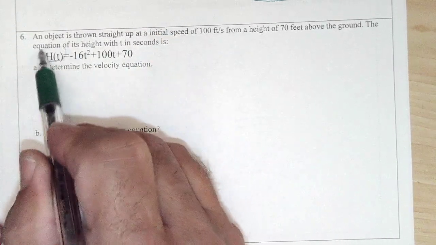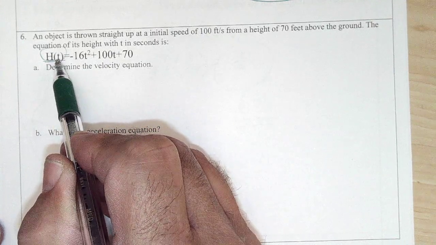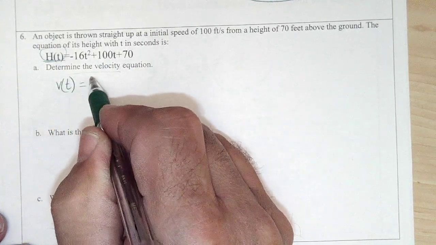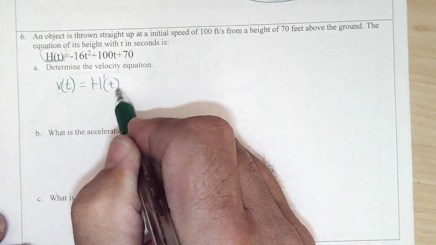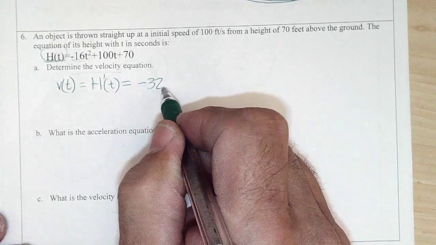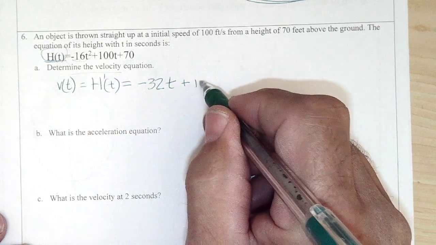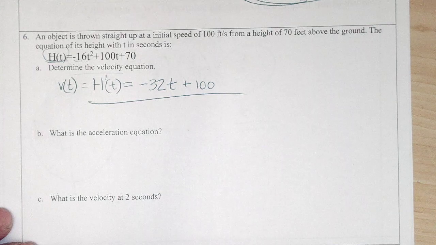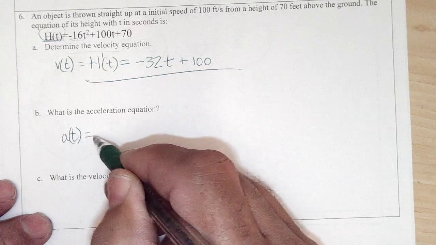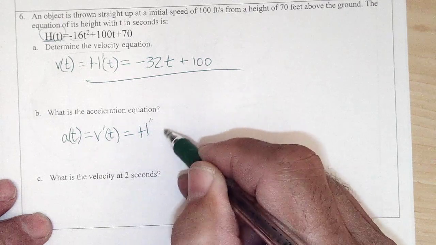Well, any kind of position or motion where we know the distance formula, this is the height, distance up. The velocity, at some time, is h prime of t. And the derivative of this, 2 times negative 16 is negative 32 t to the 1, plus the derivative of 100t is 100. There's the velocity equation. Acceleration is the derivative of the velocity or the second derivative of the position.